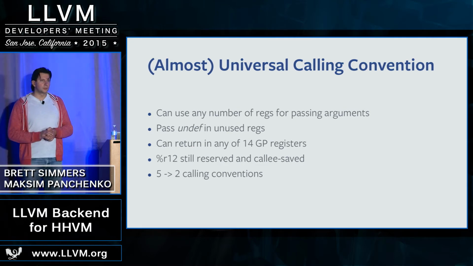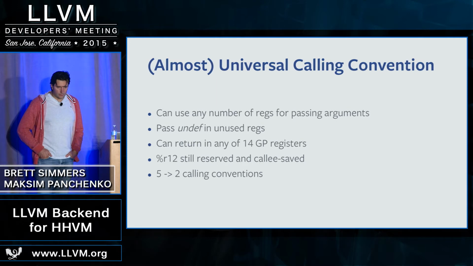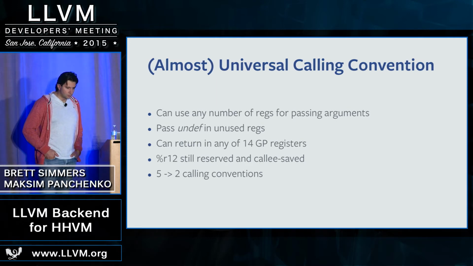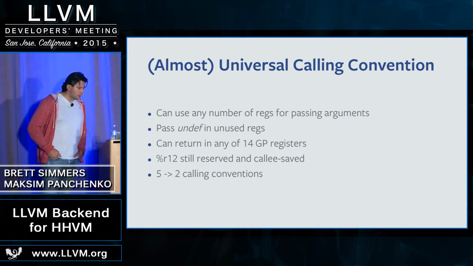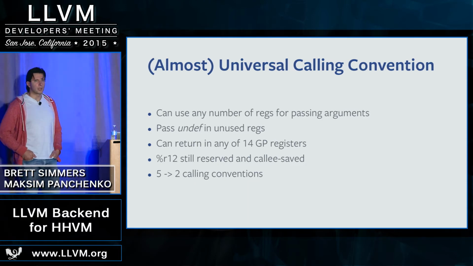When we didn't want to use registers, we just passed undefined values, but we could basically pick any register from x64 and return in any number of these registers or pass arguments in there. This led to a reduction from 5 to 2 calling conventions, and this is what we have upstreamed.